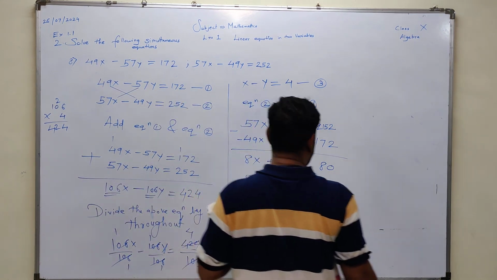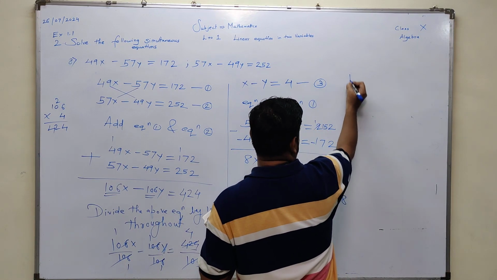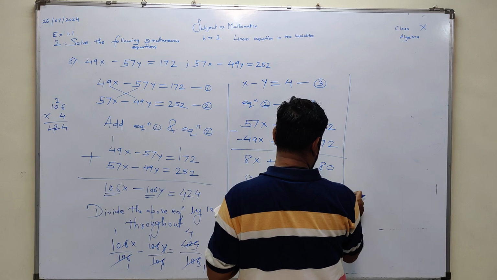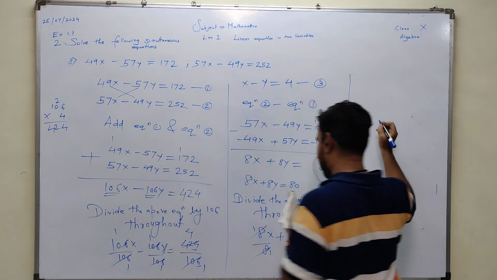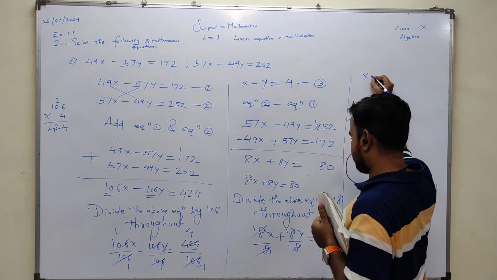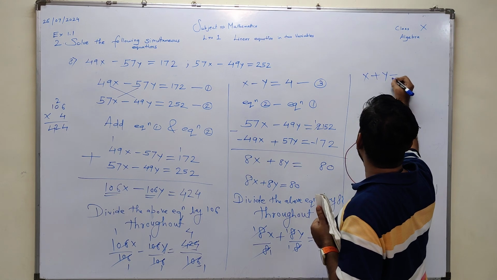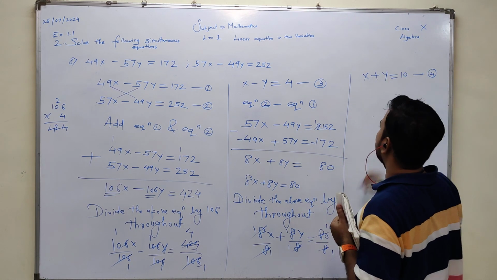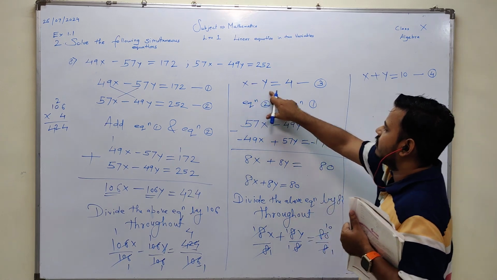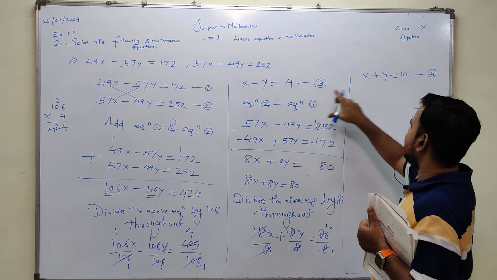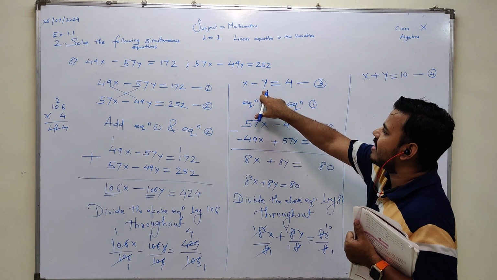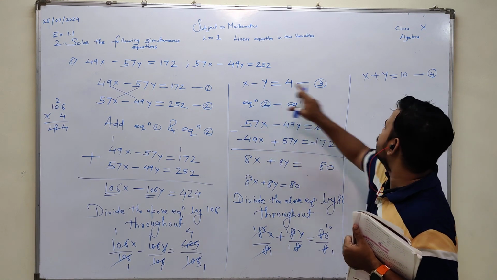So we got our fourth equation as x plus y is equal to 10. This is your equation number 4. Now as you have equation 3 and equation 4, we can see here y is negative, here y is positive.